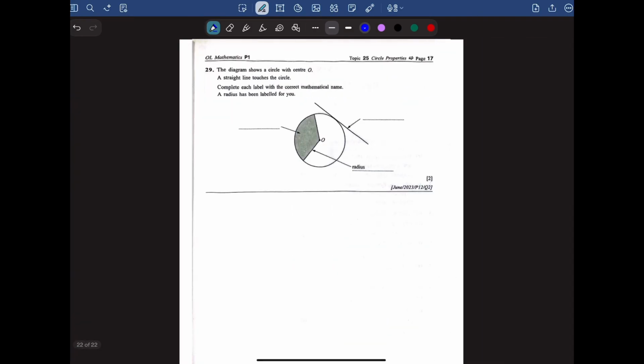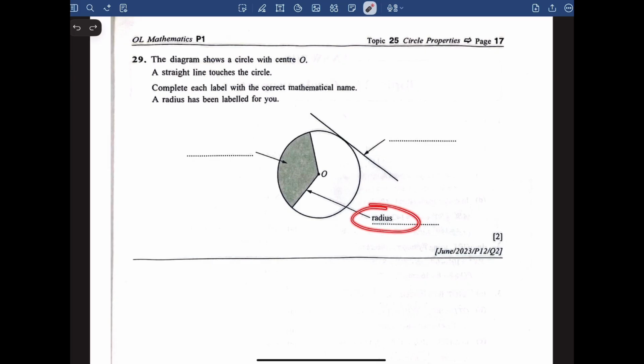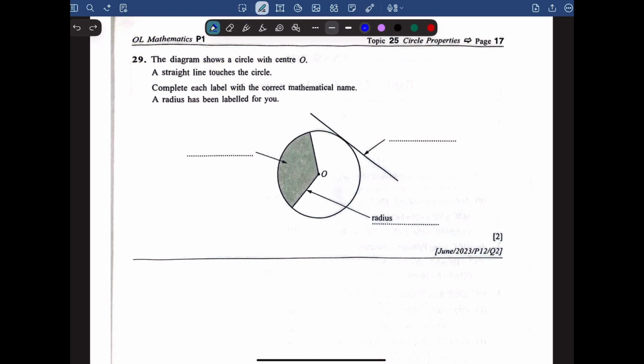Okay, off to the last question. The diagram shows a circle with center O. A straight line touches the circle. Complete each label with the correct mathematical name. A radius has been labeled for you. So very basic key vocabulary terms.